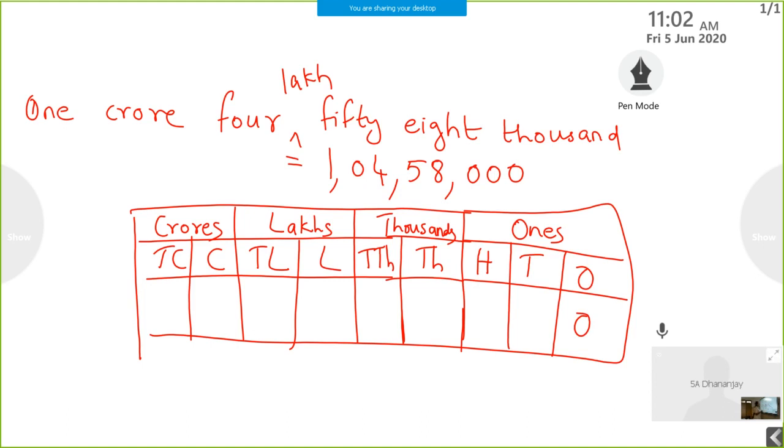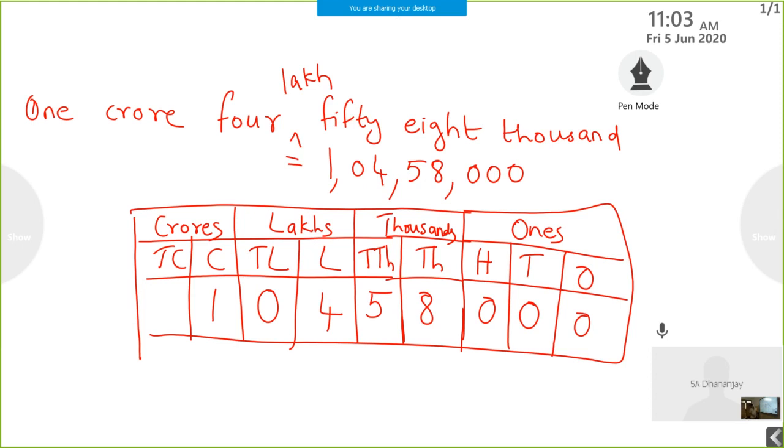The right end digit should be filled in the ones place. Then the tens place is filled by the digit 0, the hundreds place is also 0, the thousands place is filled by the digit 8, the 10,000s place by the digit 5, the lakhs place by 4, the 10 lakhs place 0, and the crores place is 1. Are your answers correct? You all did this answer?